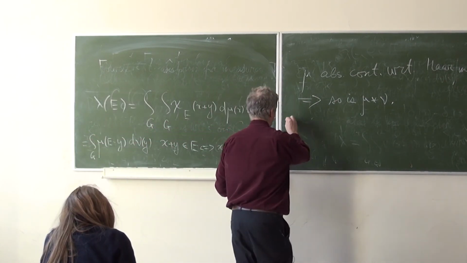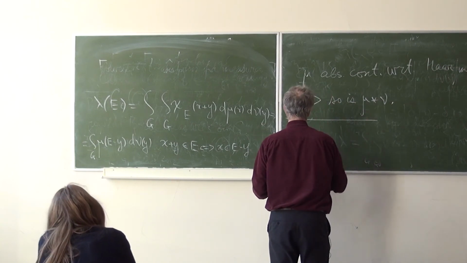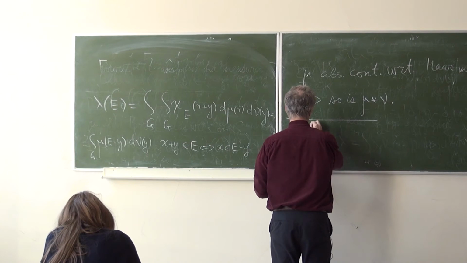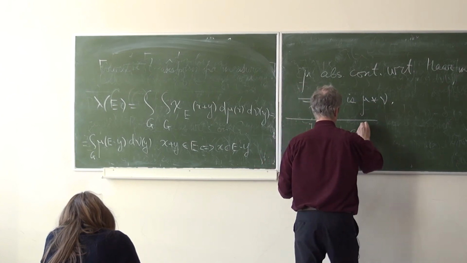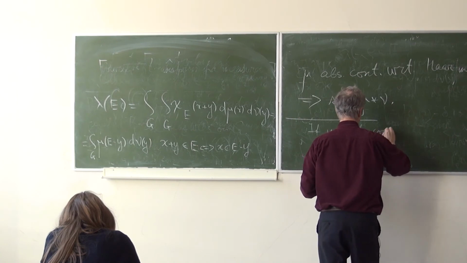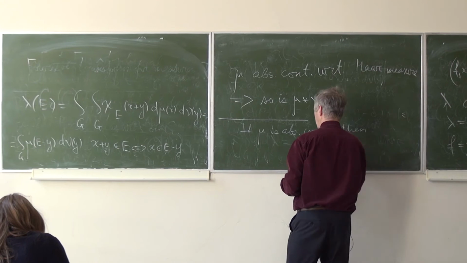Next, if mu is absolutely continuous, then it has a density.